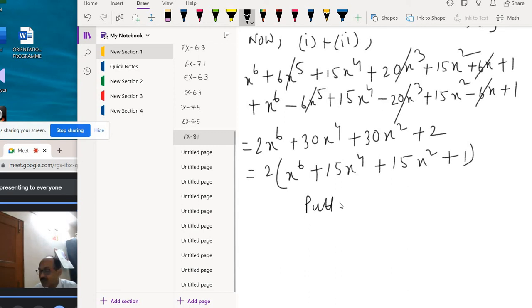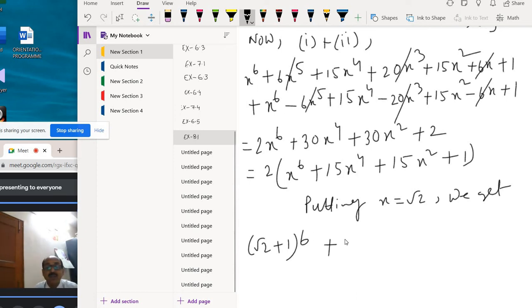Because the question is root 2 plus 1, so putting x equal to root 2, we get the question: root 2 plus 1 to the power 6 plus root 2 minus 1 to the power 6.